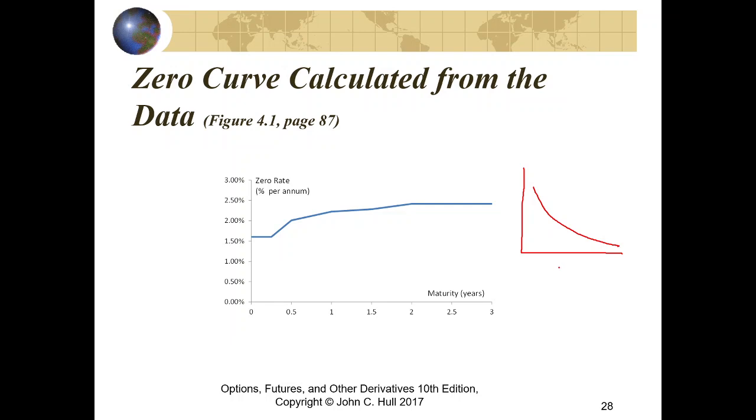In fact, investors monitor the term structure of interest rates on a daily basis, because there is very strong evidence that when the term structure becomes inverted, which means it's downward sloping, it predicts that there is going to be a recession soon.